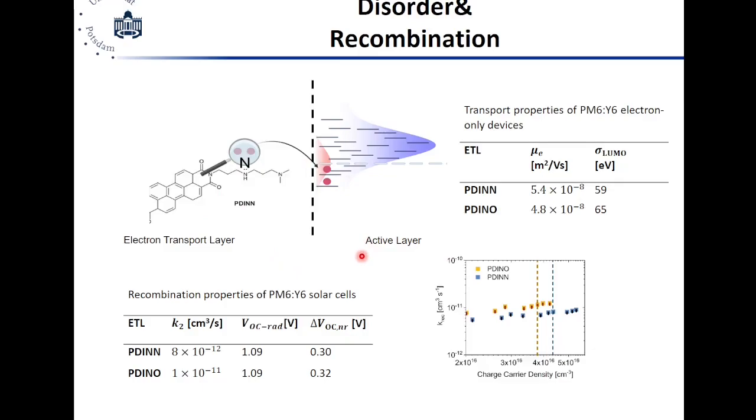To see what this changes in the active layer, space charge limited current measurements were employed to measure the electron mobility and static disorder.